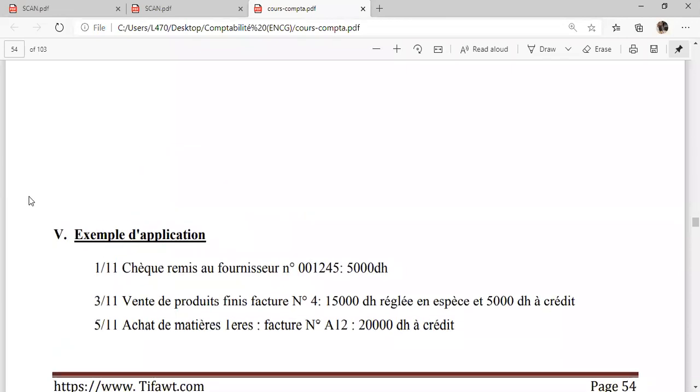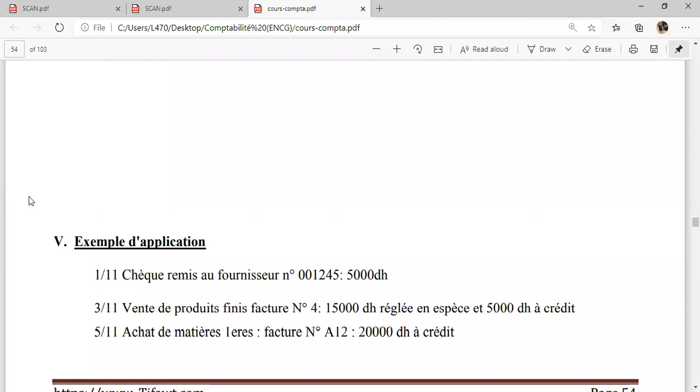So going back to the first one, we have chèque remise au fournisseur. So this is simply a check that was sent to the provider of goods. In this case, the provider of goods is going to be debited because he is receiving a sum of money, and we as a business are losing money.